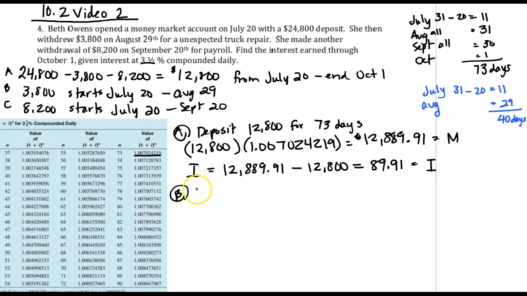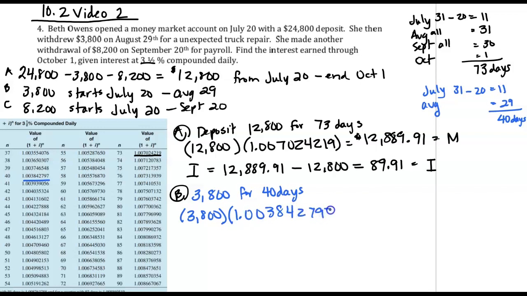So for Part B, we're going to have $3,800 in for 40 days. Take our $3,800 and looking up 40 days in the chart, I'm going to bring that decimal over. And when I multiply, I get a maturity value of $3,814.60.